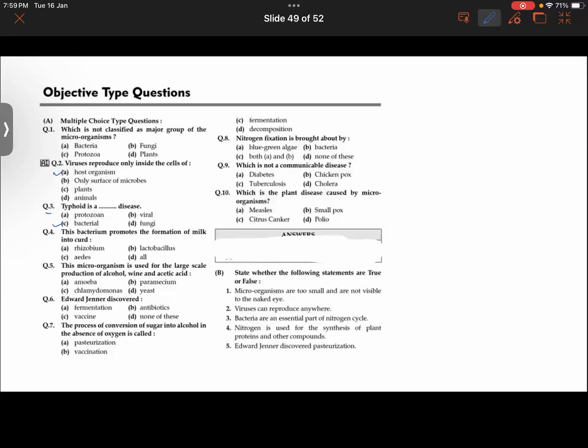Arham, you tell me what was the name of the bacteria that causes typhoid? Sir, bacteria. No, the name. I have given you the hint, Arham. Okay, Arham, you look at question number 6, while Ahmed, you answer question number 4.